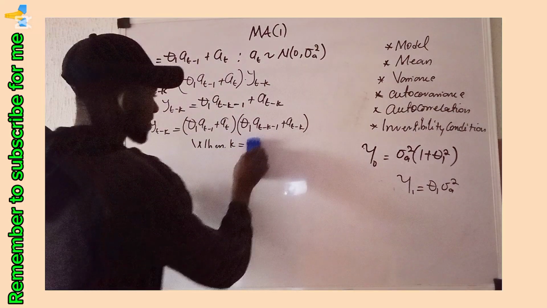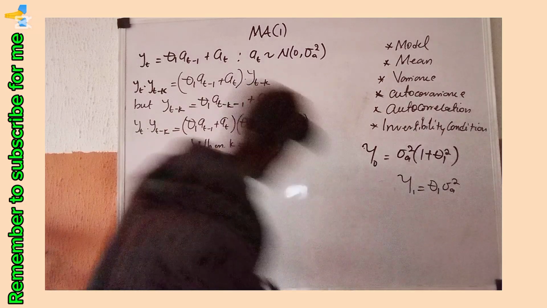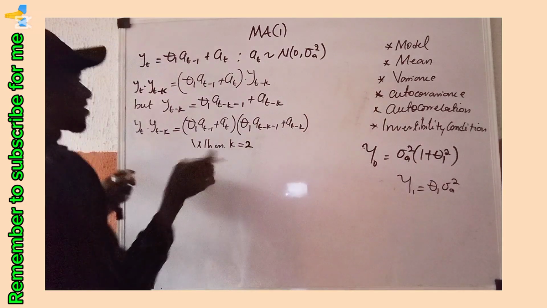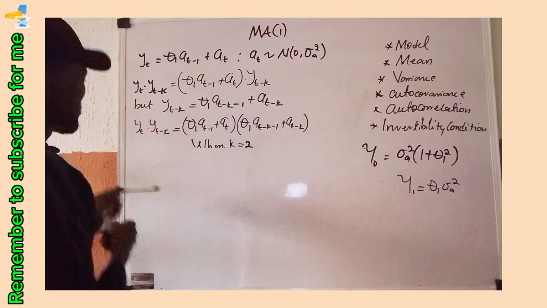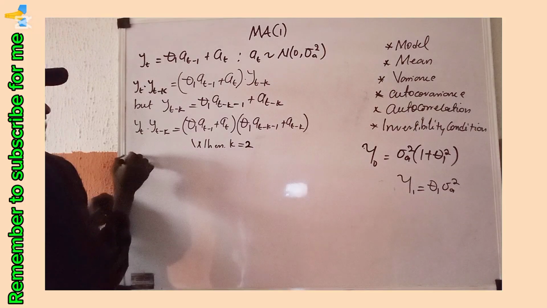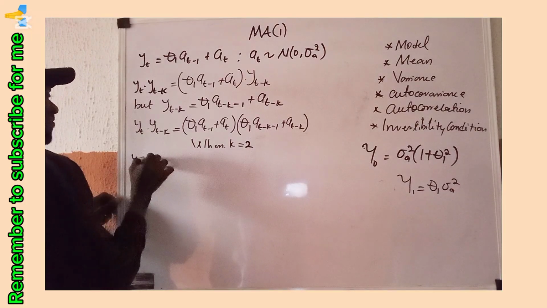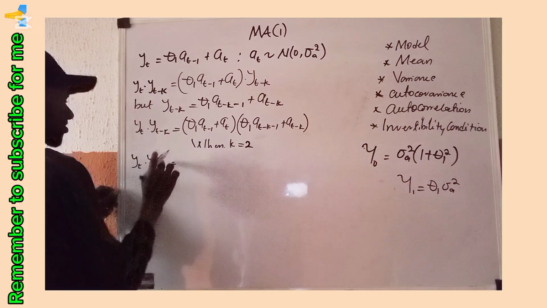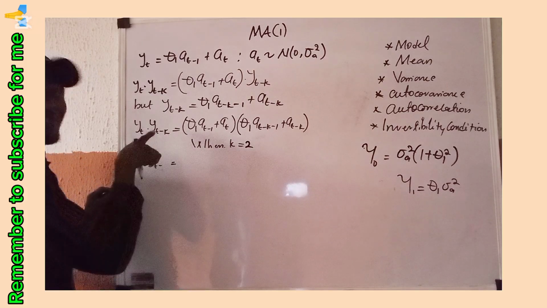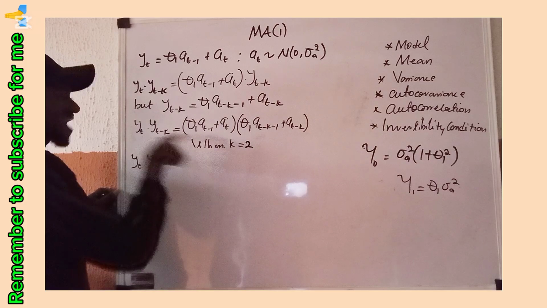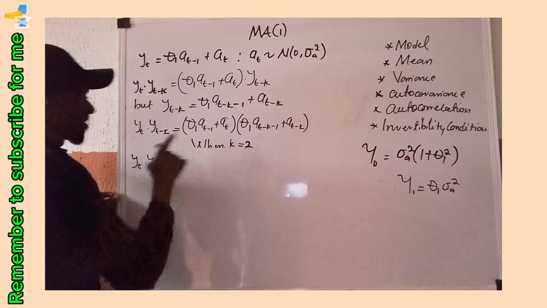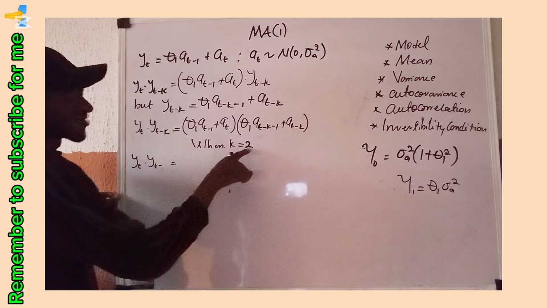So let us clean here. We are going to say when k is equal to 2. Anywhere we see k, we are going to put 2. And here we are going to have that y of t multiplied by y of t minus k, and we are taking k to be 2.